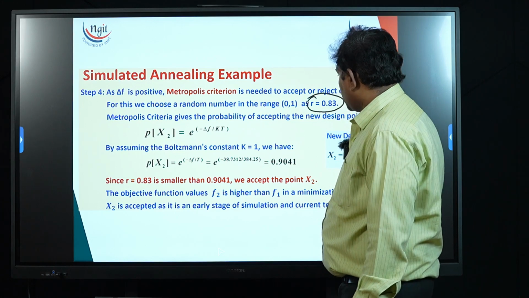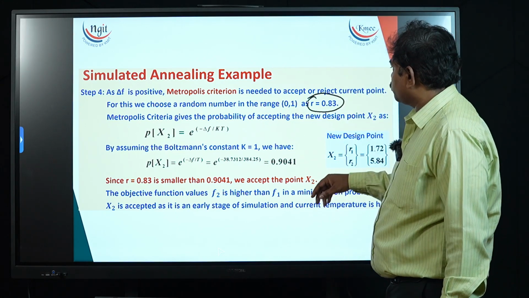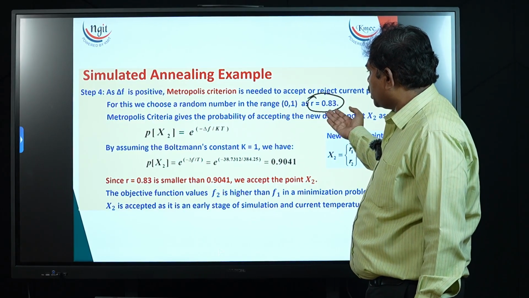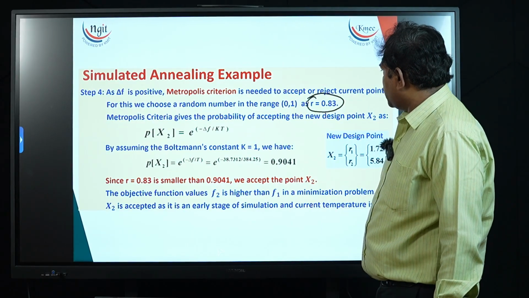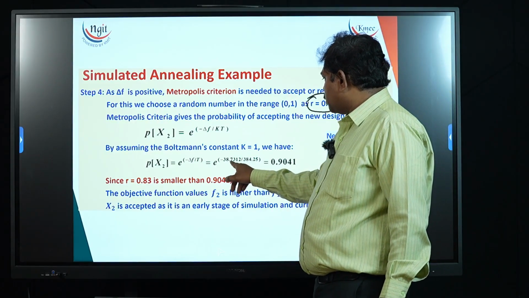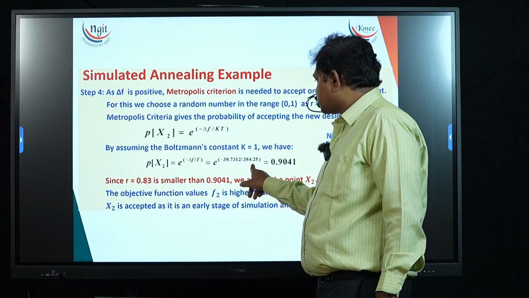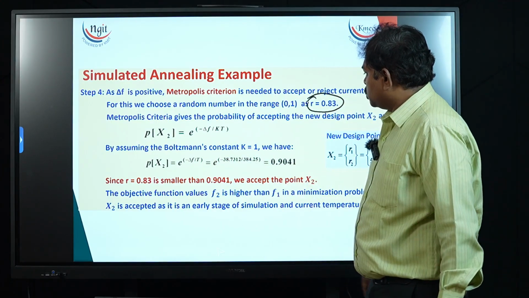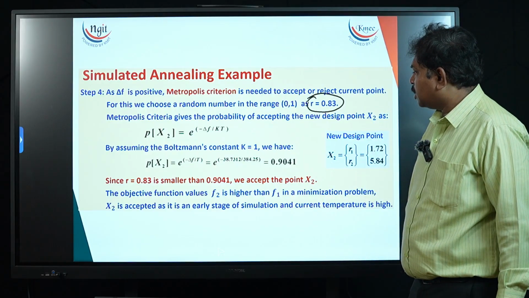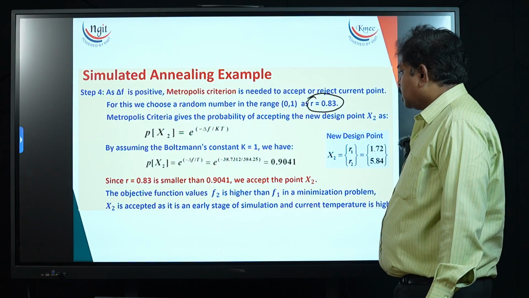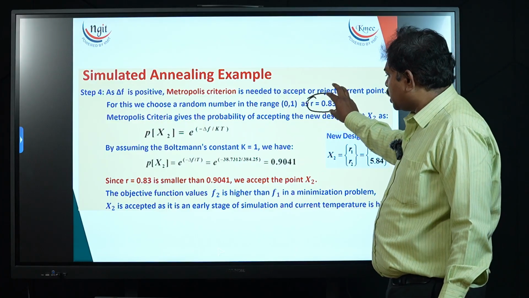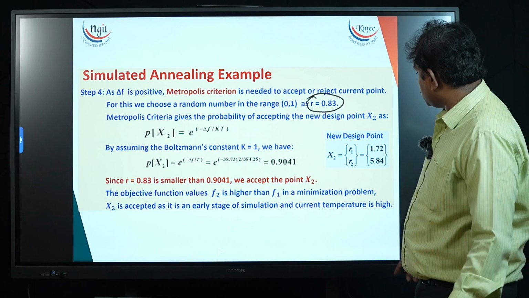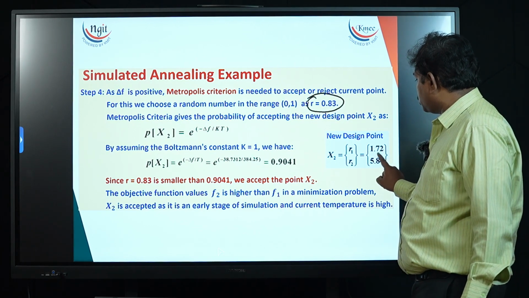Now we take one random number, let us say R1, and compare it with the value of e power delta f by kT, which gives the value 0.9041. That means if my random number is smaller than this probability value, then we can accept that point. That means this point, 1.72 and 5.84, is accepted now.